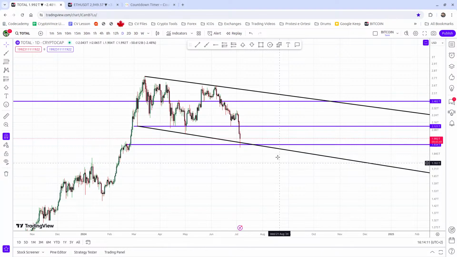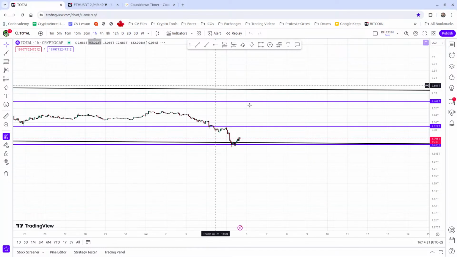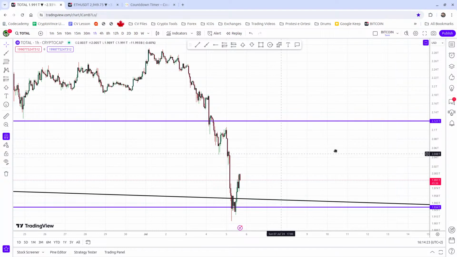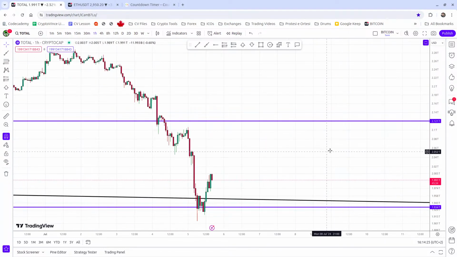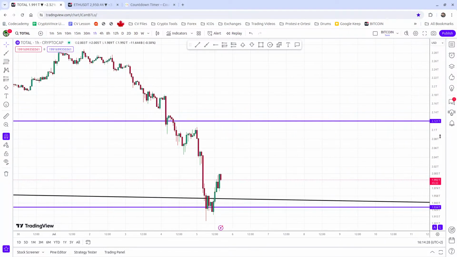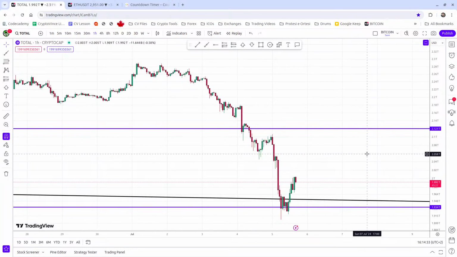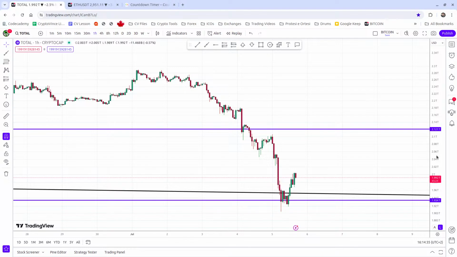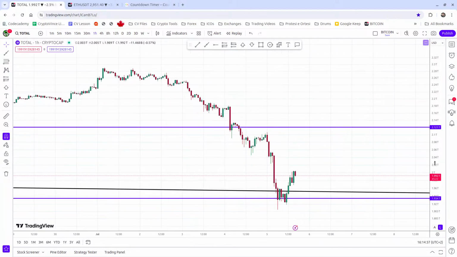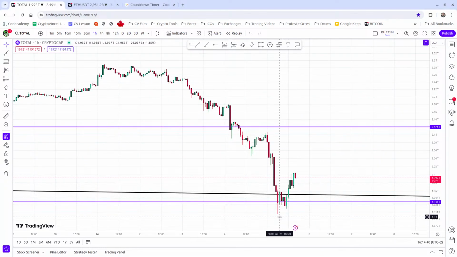But for now, let's just keep an eye on the 15 minutes time frame on Bitcoin and see what we get from that one. Let's see here what is it doing? It's bouncing. I mean, probably long-term hodlers are buying at this level here.